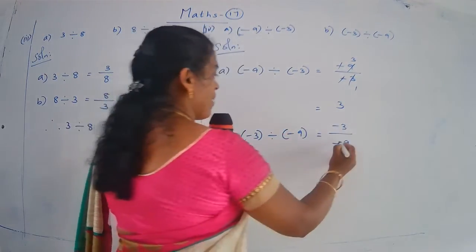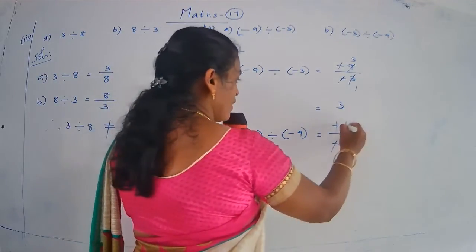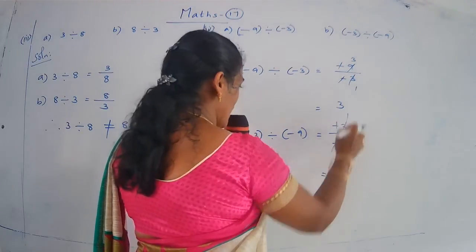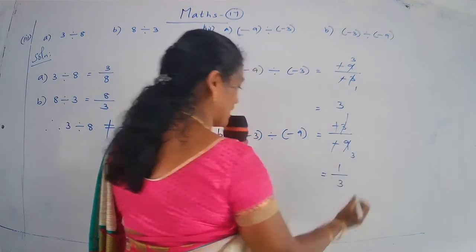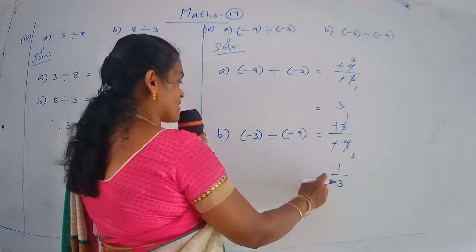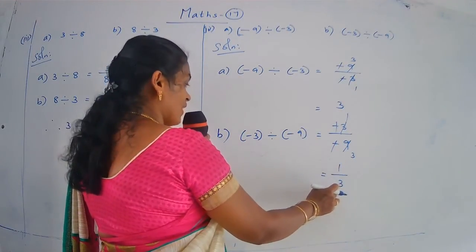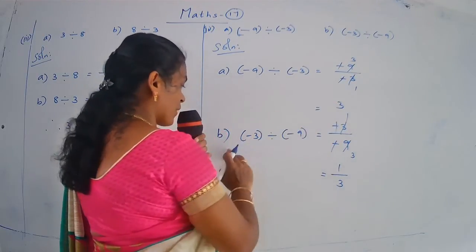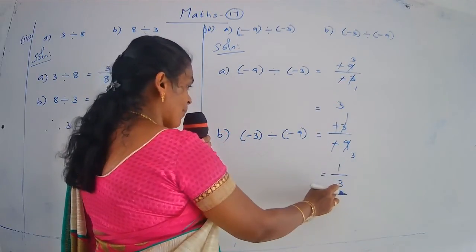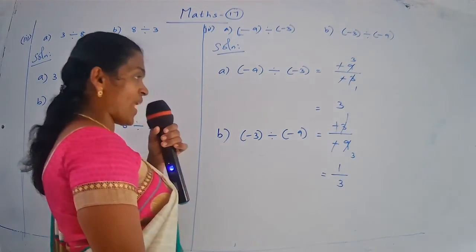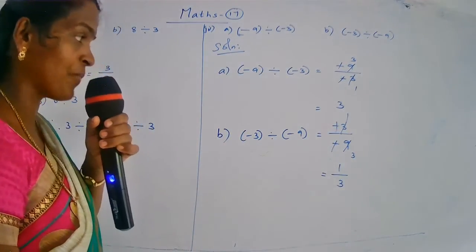Already in the second sum, the first one and second one are finished. Now, third. You start the third one. Then after the third one is finished, you start the fourth one. Okay. Write it. Write neatly, children.